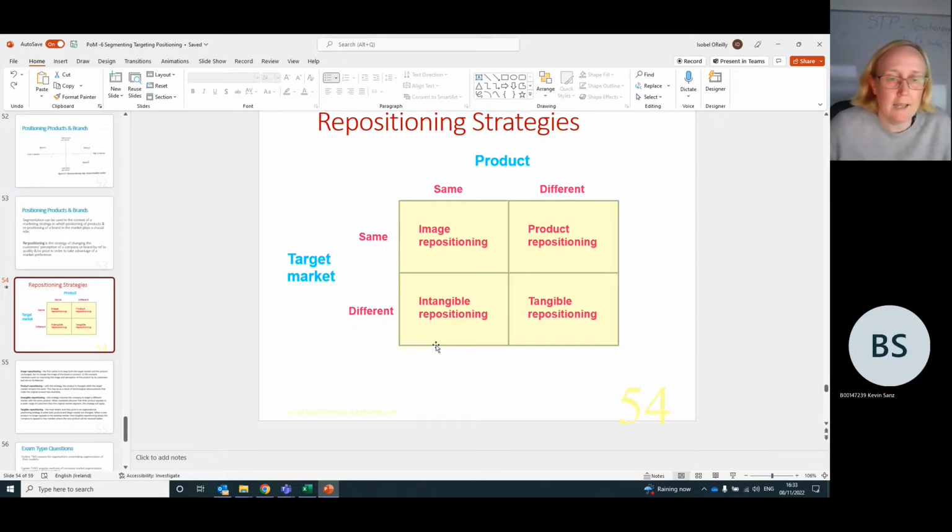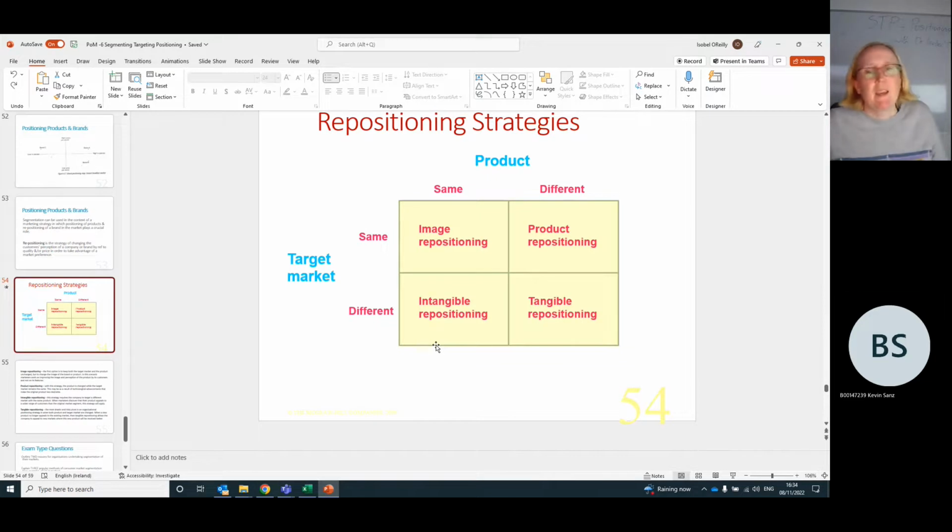It had a bad image as this kind of down and out drink, a drink for delinquents to go and get drunk on. And Bulmers, the brand in Ireland, repositioned the product and tried to go on a premium end with a full strategy. So it was the same product, but looking for a new audience.